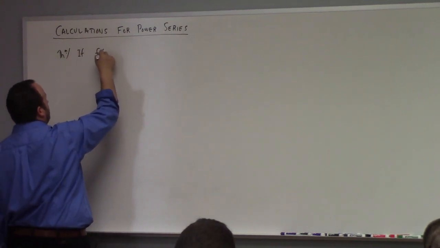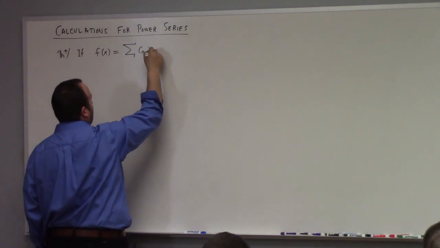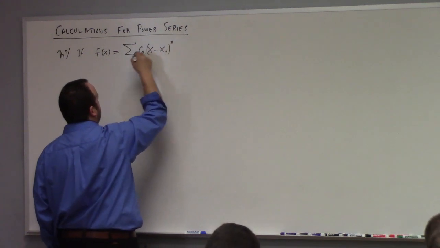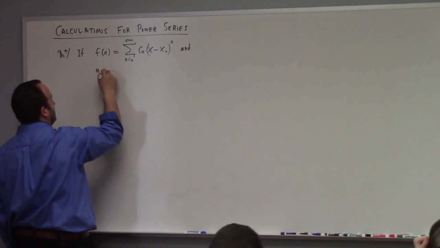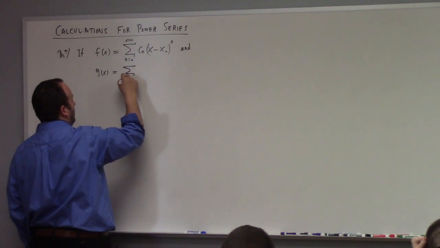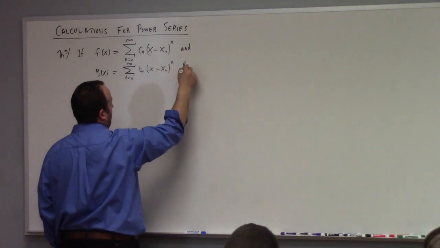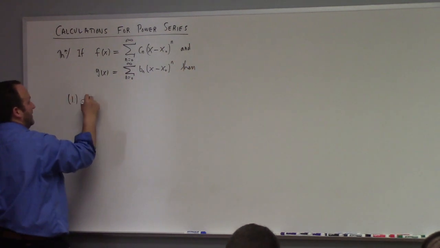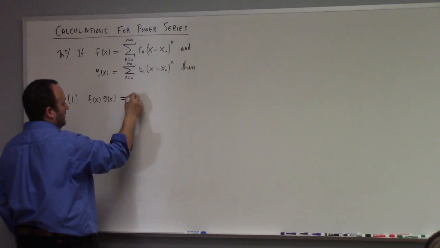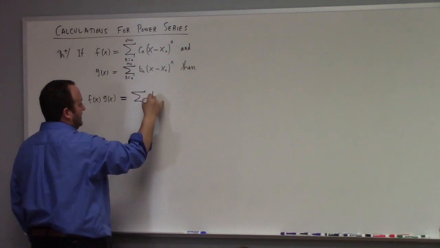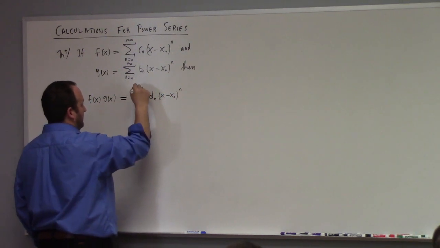If f of x is the sum of c_n times (x minus x naught) to the n, and g of x is equal to the sum from n equals 0 to infinity of b_n times (x minus x naught) to the n, then number one, f of x times g of x can be written as the sum over d_n times (x minus x naught) to the n, n equals 0 to infinity.